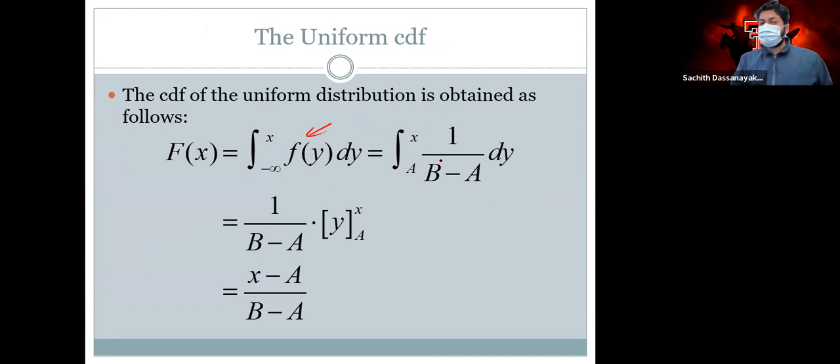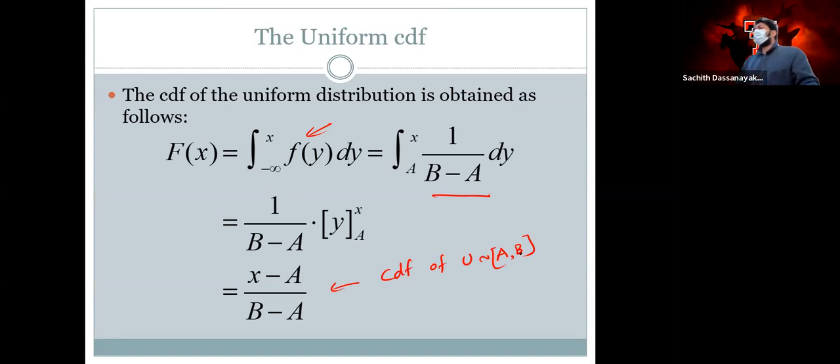So plug this function here and integrate it. Then plug in the upper bound and lower bound. Then you can simply calculate your CDF of the uniform distribution. So this is the CDF of the uniform distribution, here A comma B.